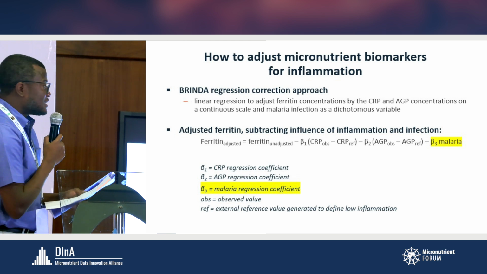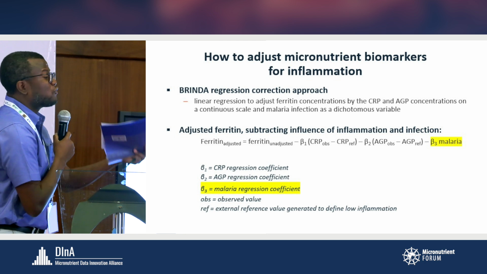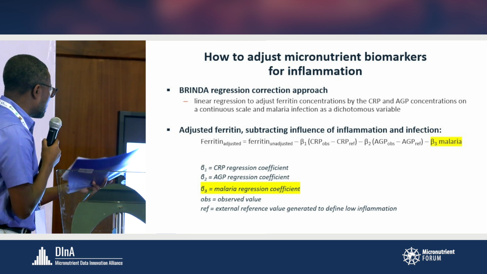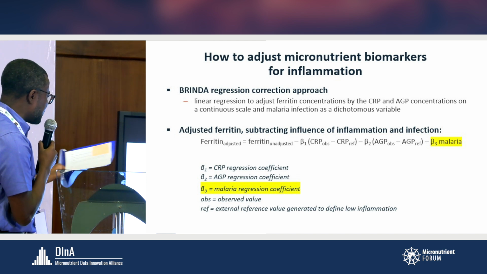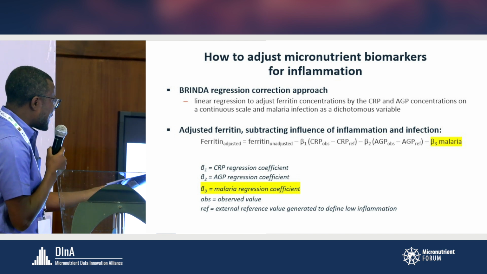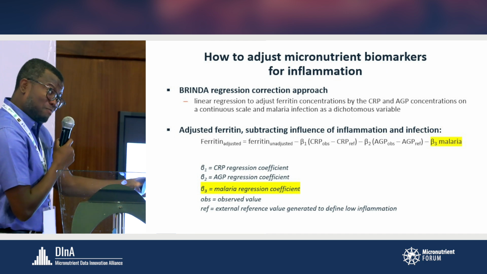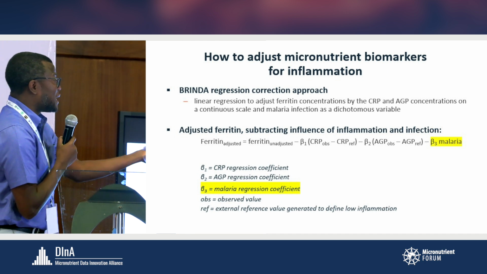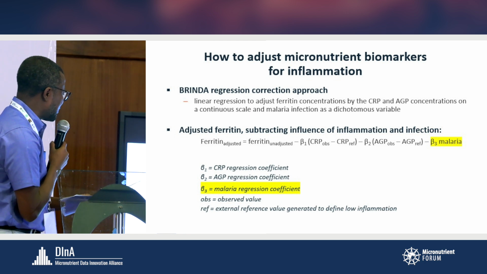To get an adjusted ferritin, we subtract out the influence of the inflammation. So in this equation, we have ferritin, we subtract out the inflammation effects, and then in most settings in Africa, the malaria effect, but that's another discussion point coming up.